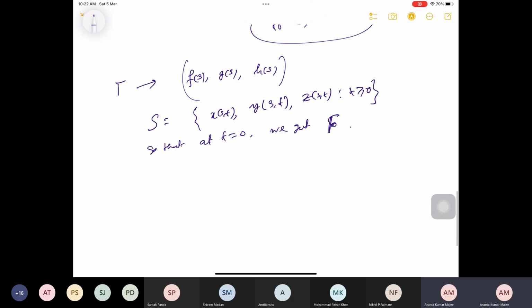Okay, so now this A, B, C is perpendicular to the normal to your surface, is it not?